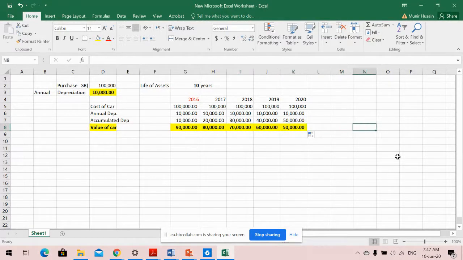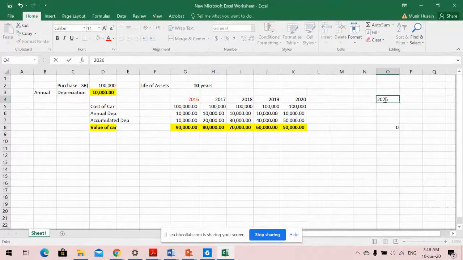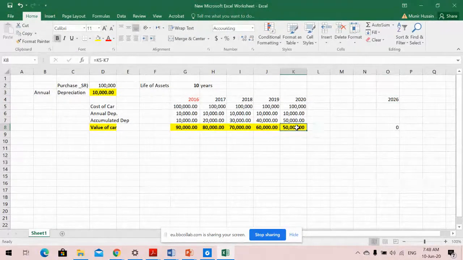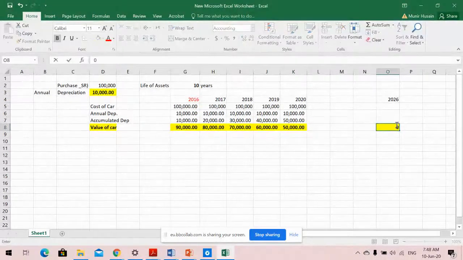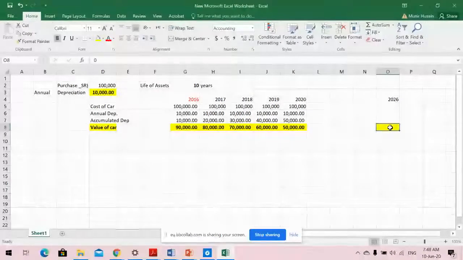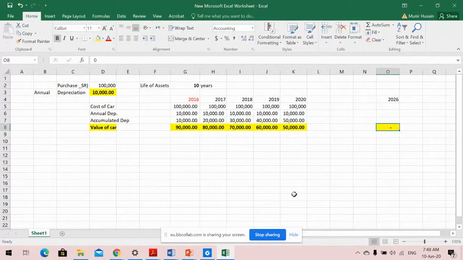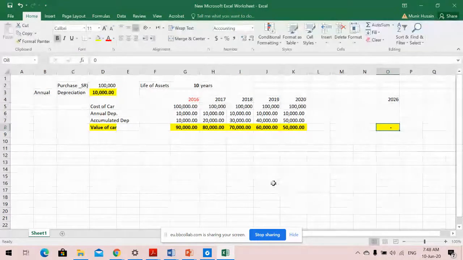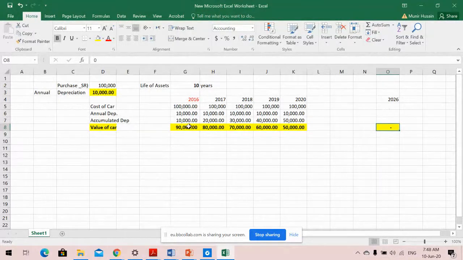And we keep on continuing until we reach 2026. In 2026, the value of the car will be 0. I'm just writing here 2026. If we continue doing it like this, our value of the car will be 0 by then. It will have a 0 value. Okay, that means the asset has been fully depreciated. So whenever you prepare financial statements, the balance sheet, you show both the value of the car.